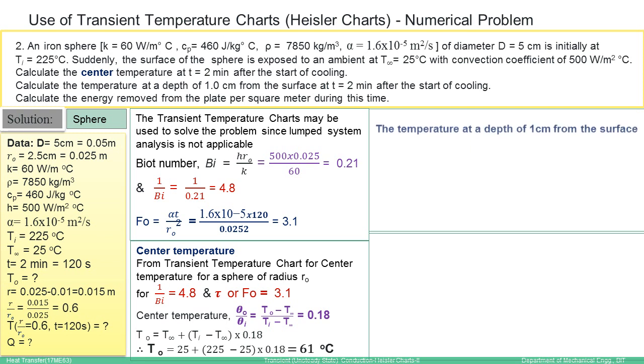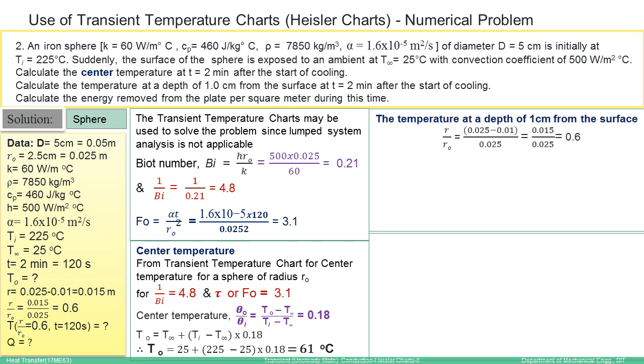Once you find out the center temperature, you can get the temperature at the depth of 1 centimeter from the surface. So you have to find out the dimensionless number. R is the radius from the center, but 1 centimeter is given from the surface. So r naught minus 1 centimeter should give you r.